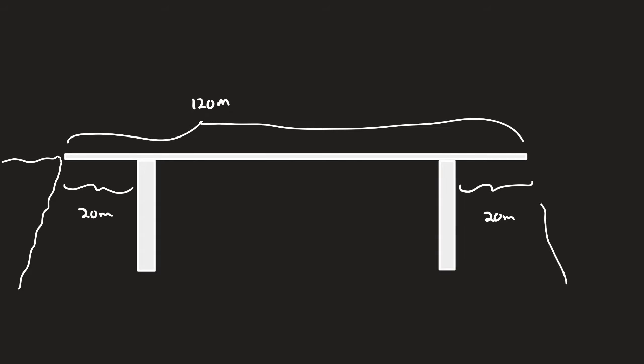And the bridge, say, is, I don't know, 120 meters long. So the ground comes up to either side, but the ground does not support the bridge. Okay? You guys see the idea of this bridge problem? You would never build a bridge this way. This is just contrived for the state of this question.